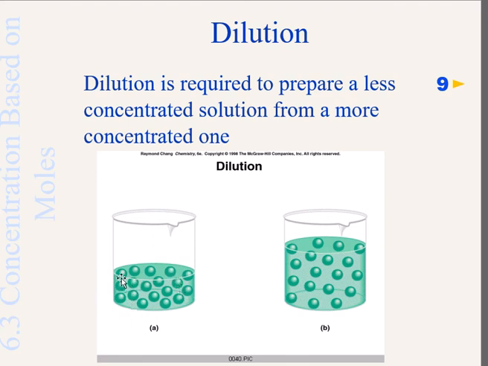Because the volume is low, the concentration will come out to be a larger number than here, where we have the same number of solute particles but the volume is high. So because the denominator, the volume, is larger when we divide the number of moles by it, the concentration will be lower. So in a dilute solution, the concentration is lower than in a concentrated solution.